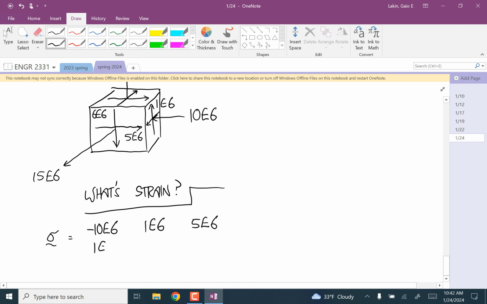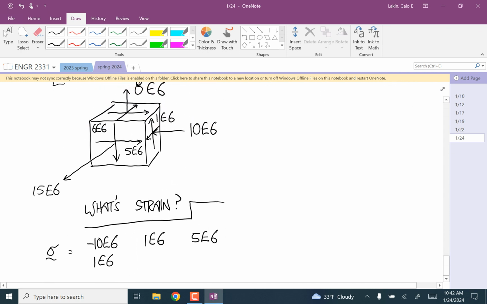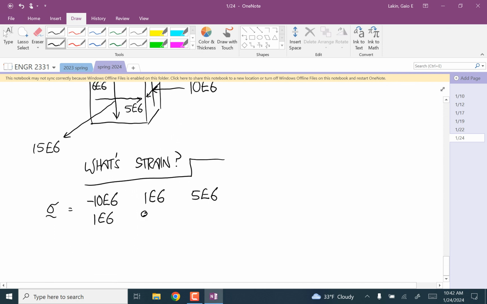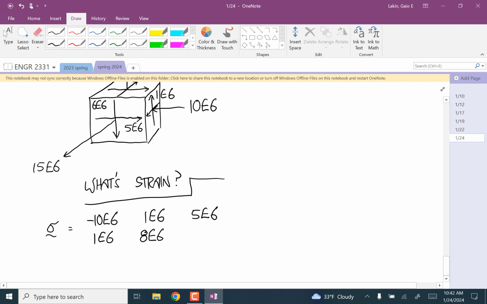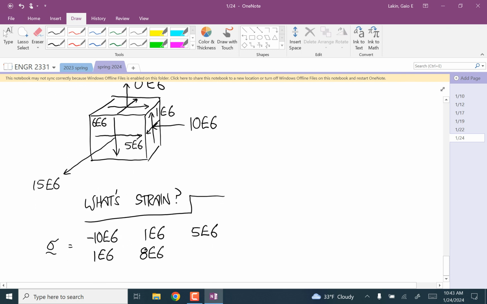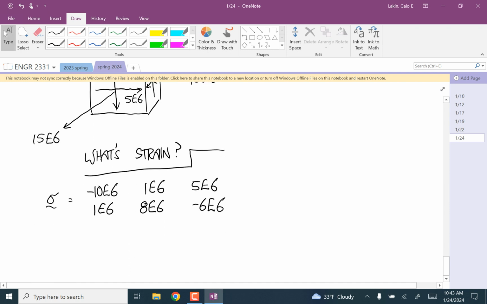Then by symmetry this is 1 times 10 to the 6. The YY stress is 8 times 10 to the 6. The YZ is negative 6 times 10 to the 6. And now symmetry, and positive 15 times 10 to the 6.